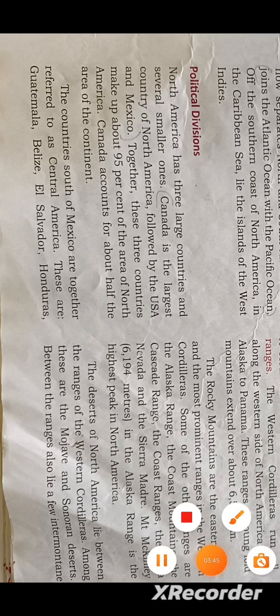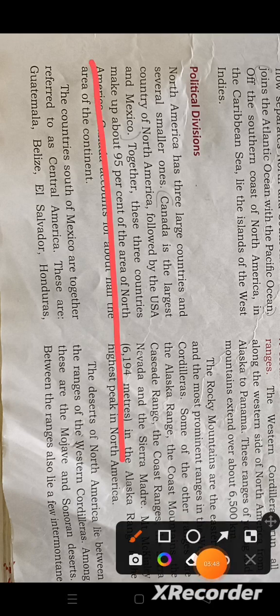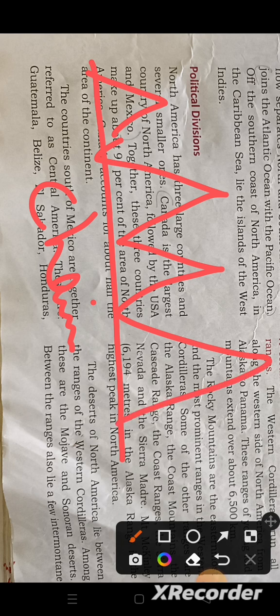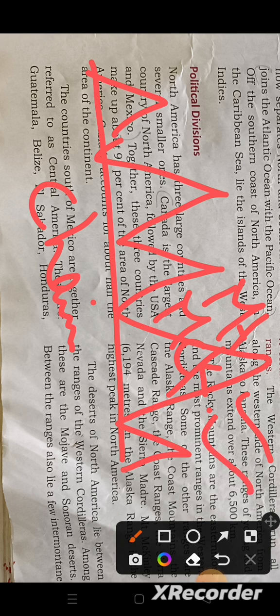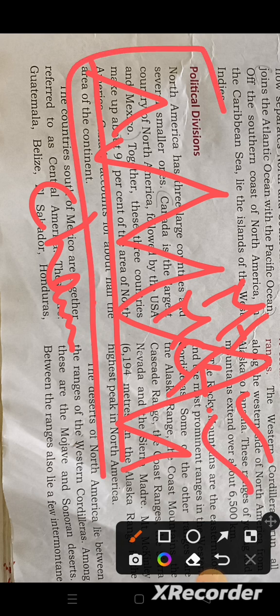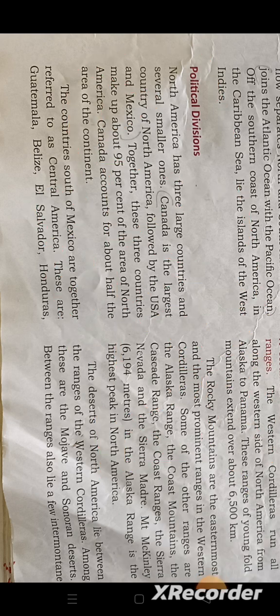For example, this is a chain of mountains, all the mountains are here. Which one is the highest? This one is the highest. This is Mount McKinley, the highest peak in North America, which is in Alaska.